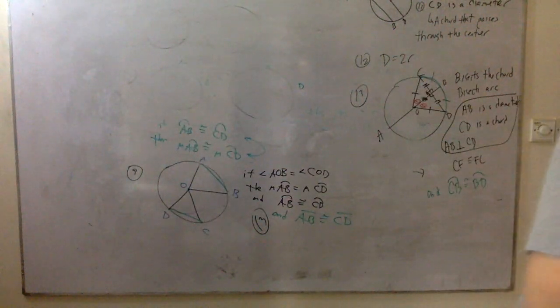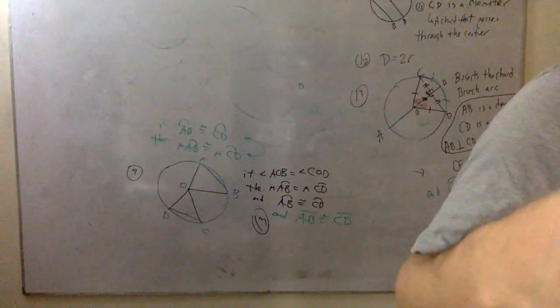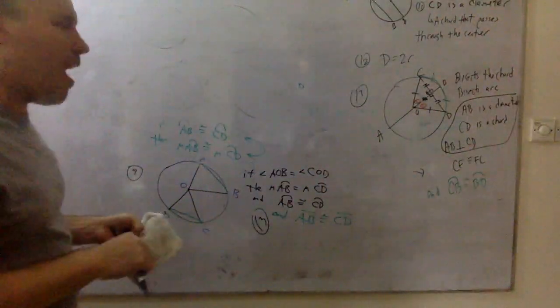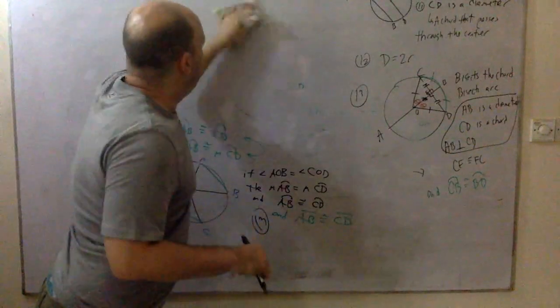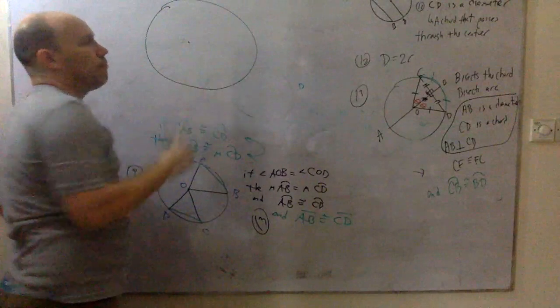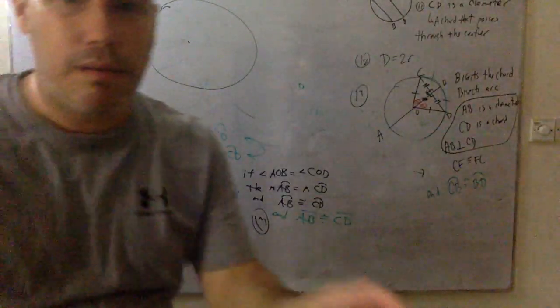And then what's the last thing we want to look at? If two chords are congruent, they are equidistant from the center. And this is getting to esoteric territory, but let's just take a look at this. You have a circle, and it has a center, right?